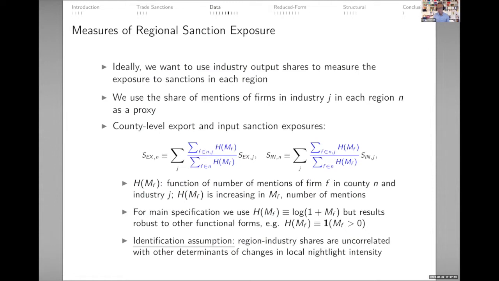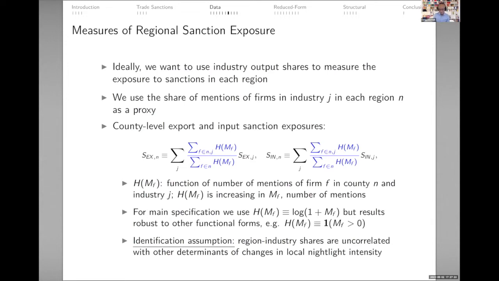We use a similar approach to construct the county level intermediate input sanction exposure. So for identification, our main variation across counties is going to come from this term that we construct using the number of mentions. The larger the mentions of the industry in that county, the larger the weight on the industry level sanction exposure for that county.